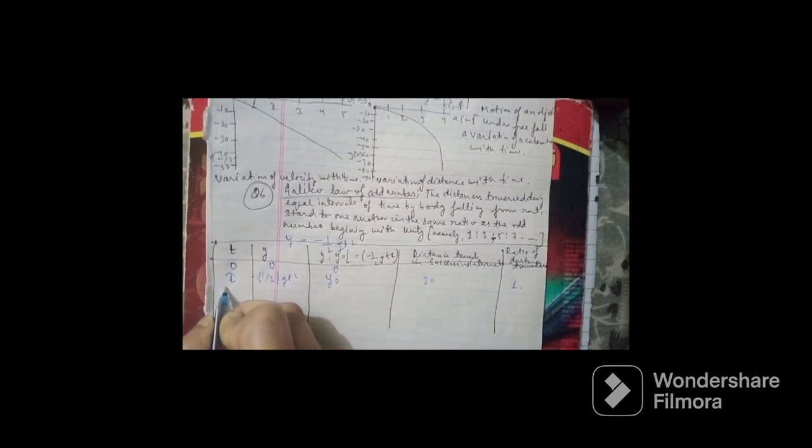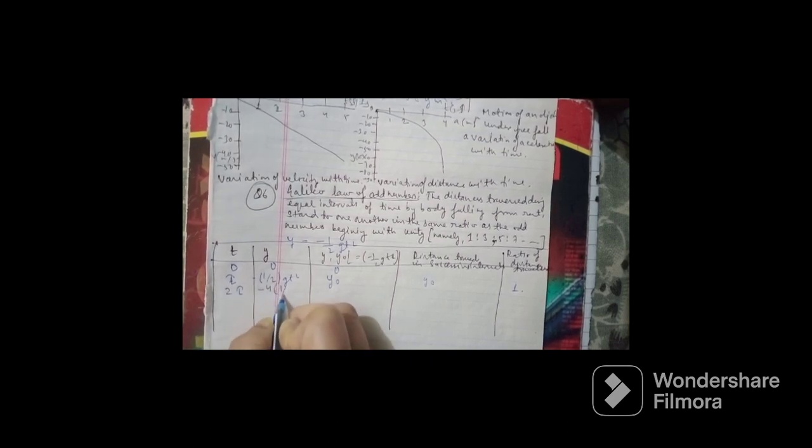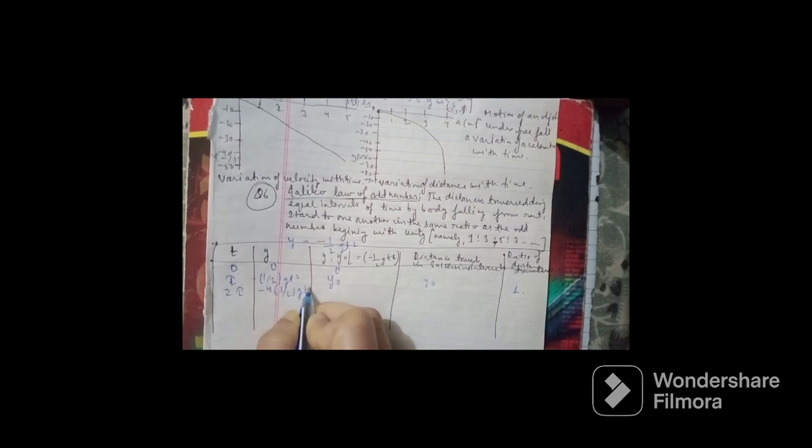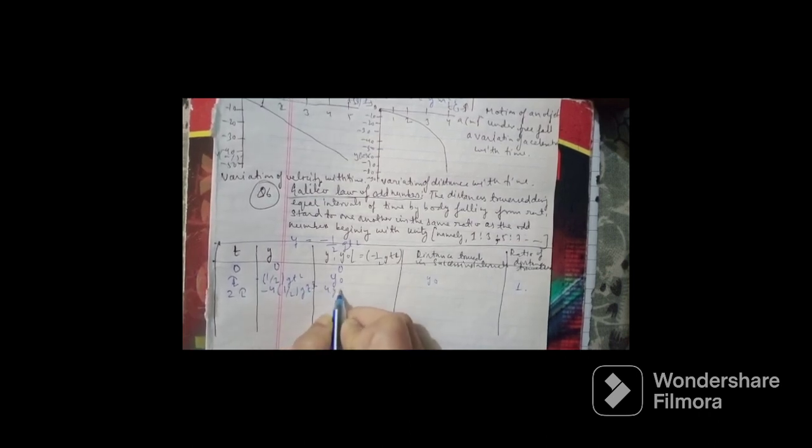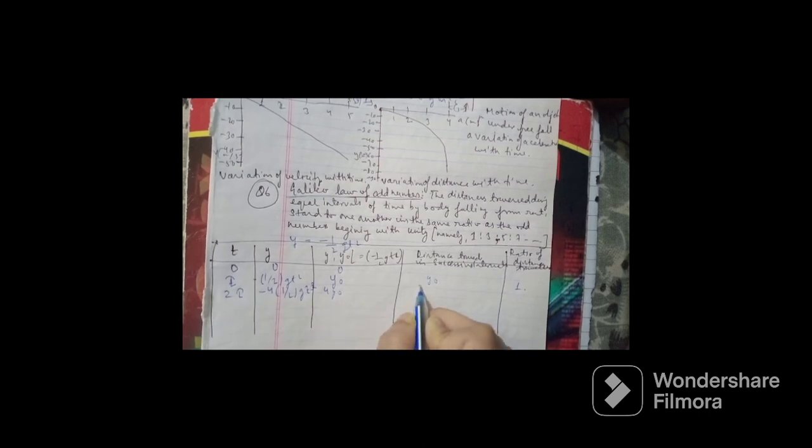This is 2 tau, minus 4 times 1 by 2 g t square, so 4 y naught, 3 y naught, and this is 3.